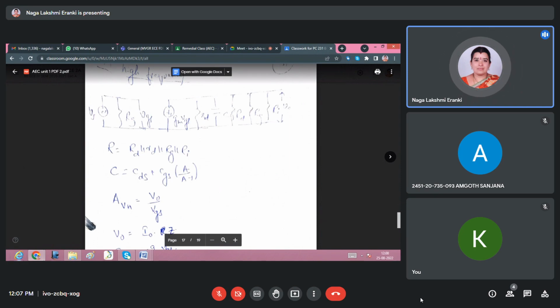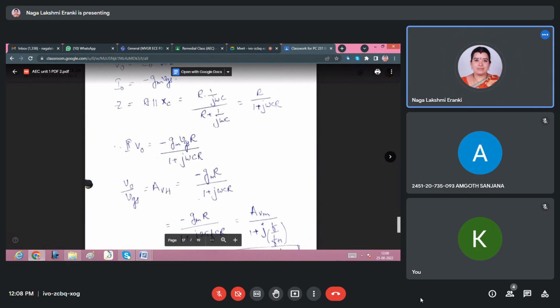Just first find the effective resistance. Then the parallel combination of the effective resistance with the capacitor gives you the net effective impedance, R parallel to 1 by j omega C. So R into 1 by j omega C divided by R plus 1 by j omega C. Simplifying this, you will get R by 1 plus j omega CR.